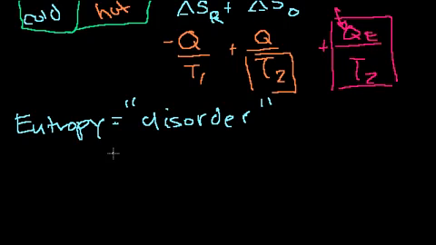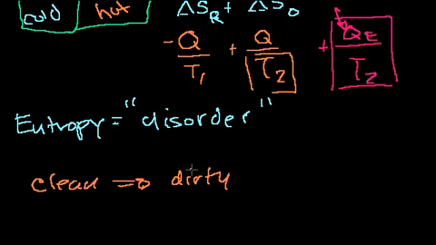Because the very next example that's often given is that they'll say, look, a clean room, let's say your bedroom, is clean, and then it becomes dirty. And they'll say, look, the universe became more disordered. The dirty room has more disorder than the clean room. And this is not a case of entropy increase. So this is not a good example.